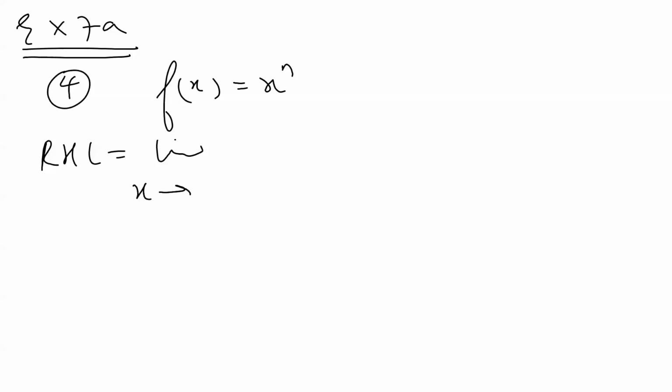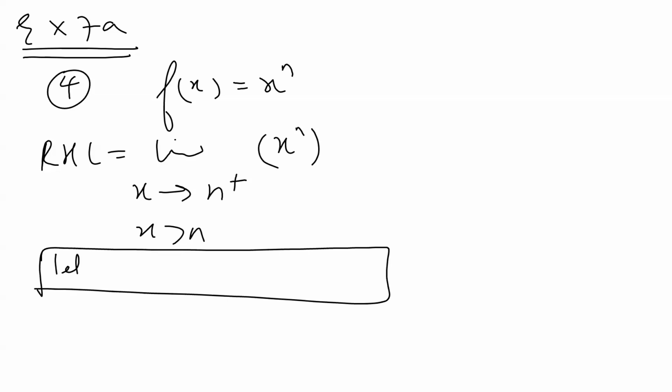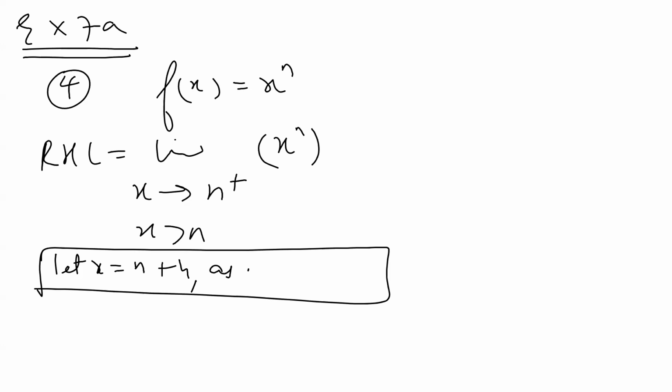Limit x approaches n plus, x greater than n, x raised to n. Let x equal n plus h. So x is equal to n plus h. As x approaches n, h will approach 0.